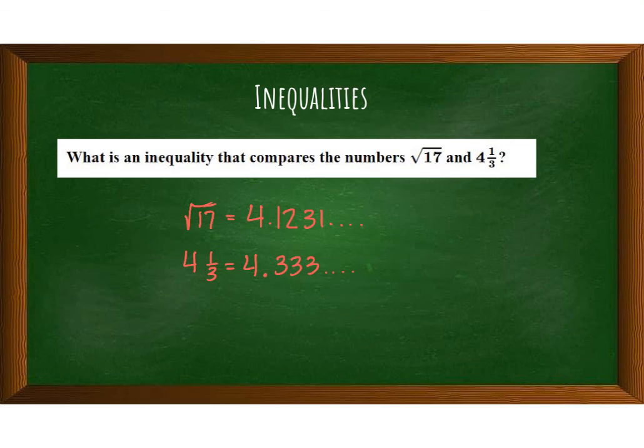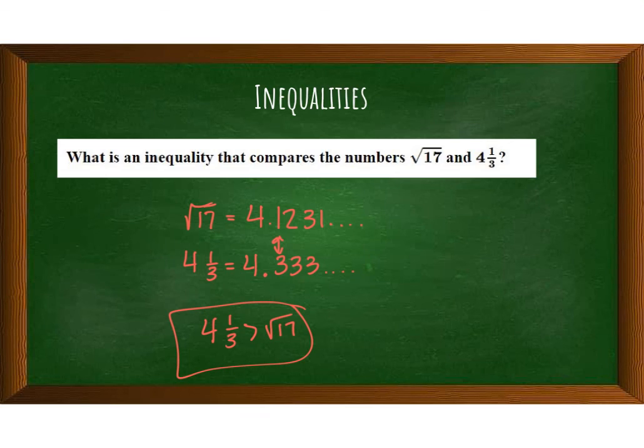Now, we can already see that 4 and 1/3 is larger because we compared these first two numbers. And since 3 is bigger than 1, we can write it like this. 4 and 1/3 is greater than square root of 17.